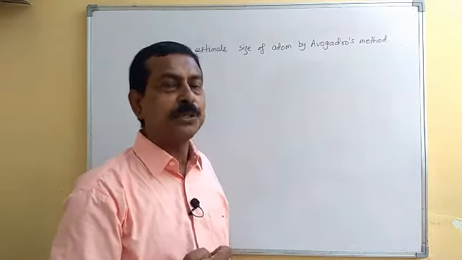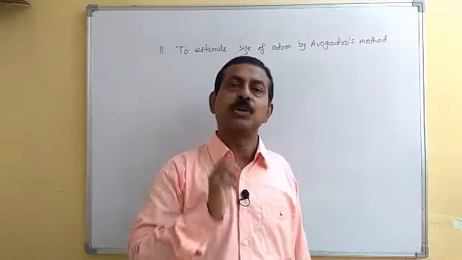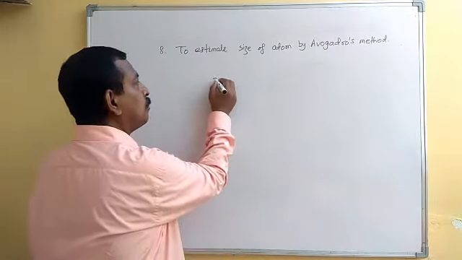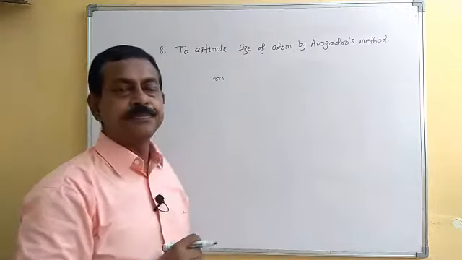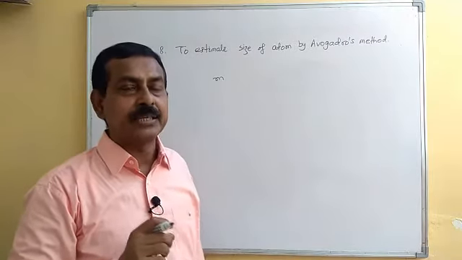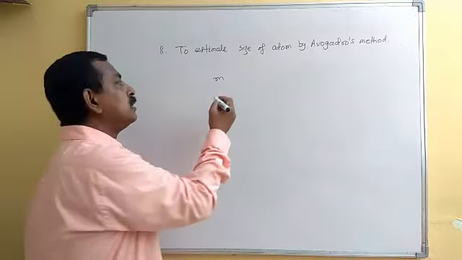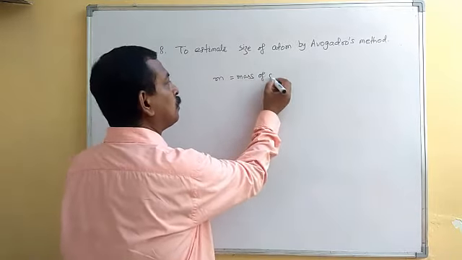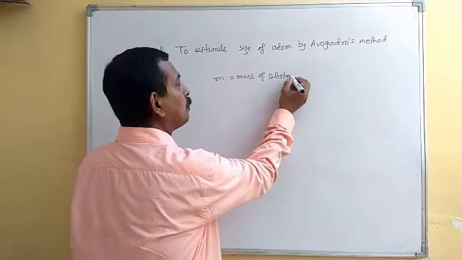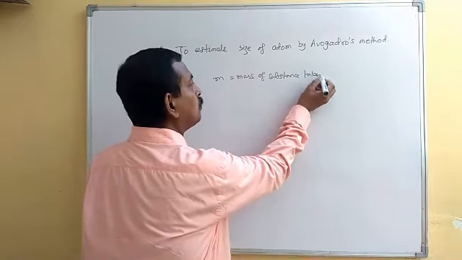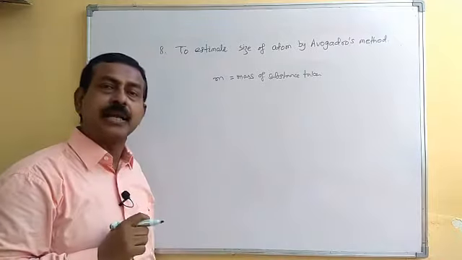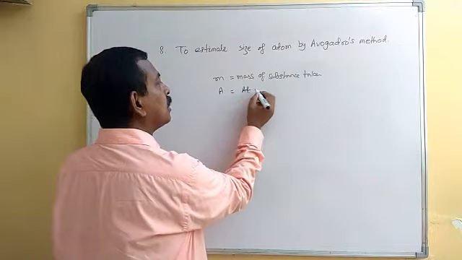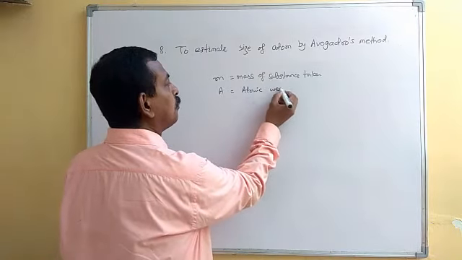For that, what we do, we take a small amount of the substance. Suppose m is the mass of the substance taken and its atomic weight is A. A is atomic weight.